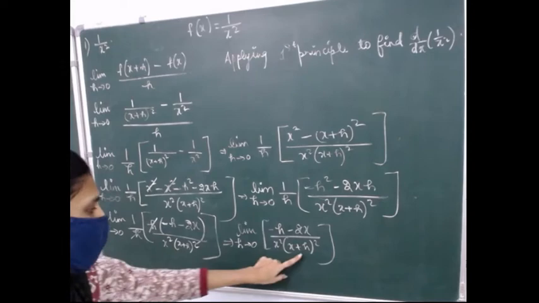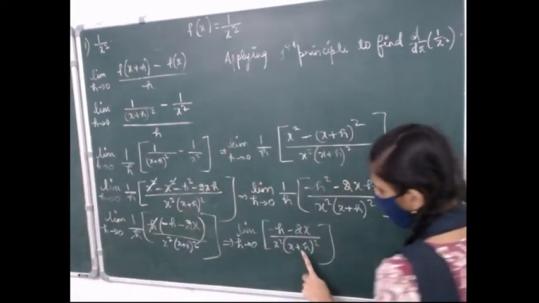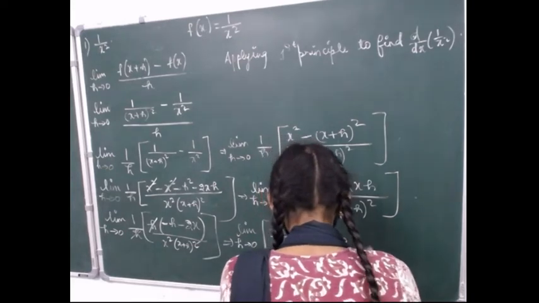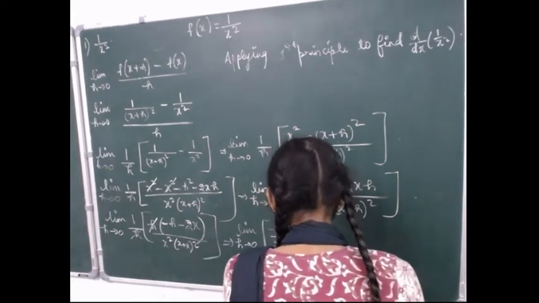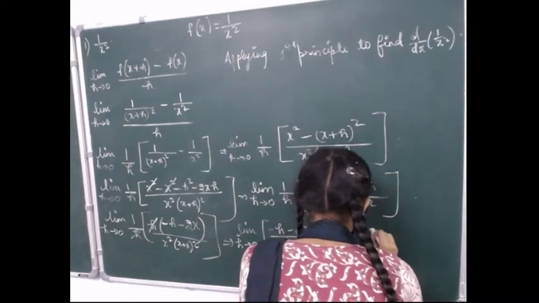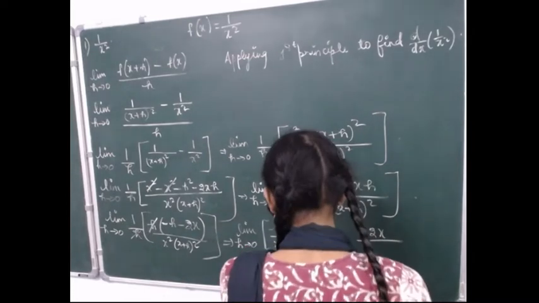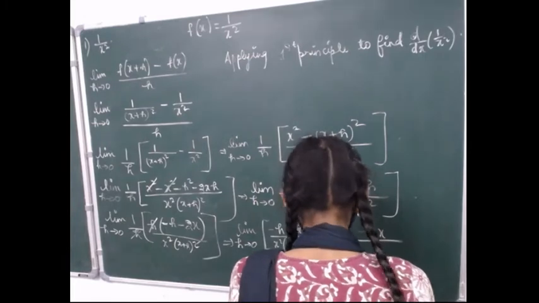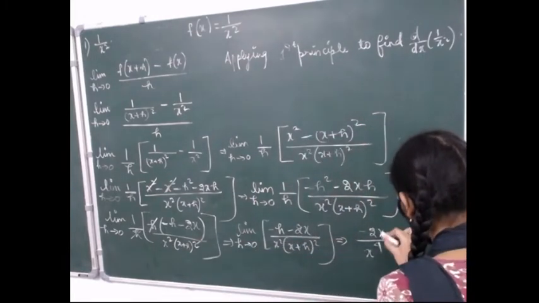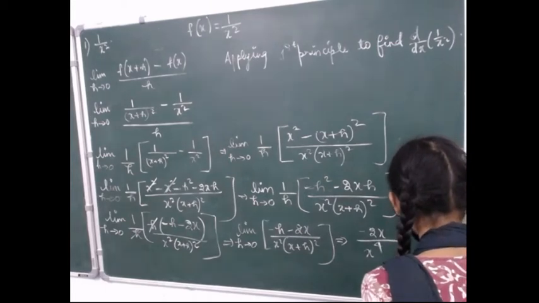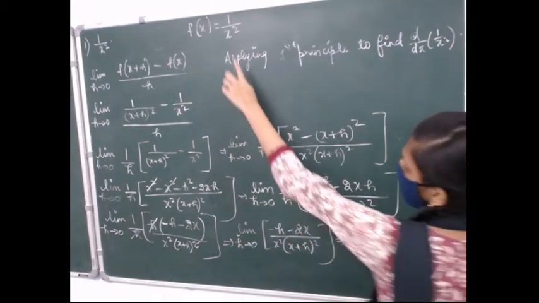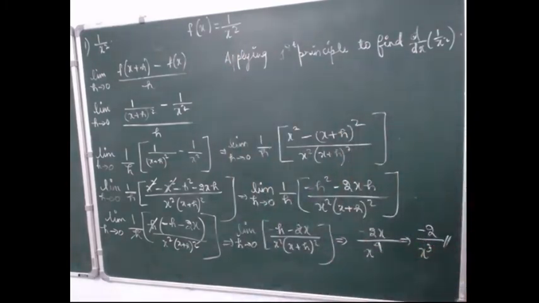So we can easily substitute 0 instead of h. So by substituting h is equal to 0, we get the answer as minus 2x whole divided by x power 4. So I am cancelling this. So minus 2 by x cube. So this is the answer. So the derivative of 1 by x squared is minus 2 by x cube.